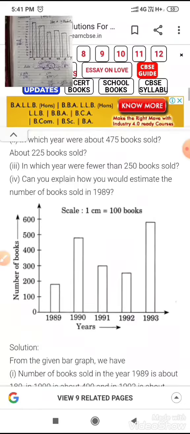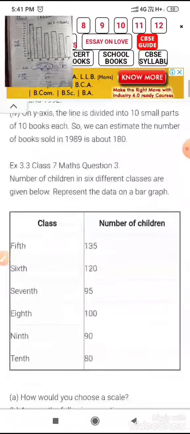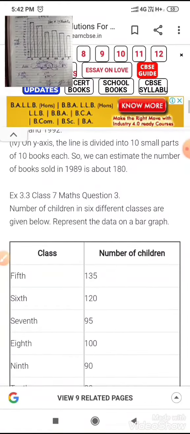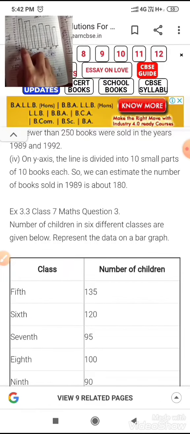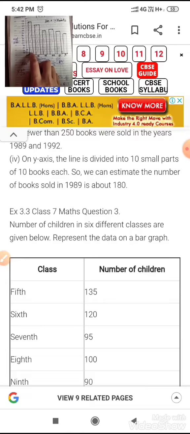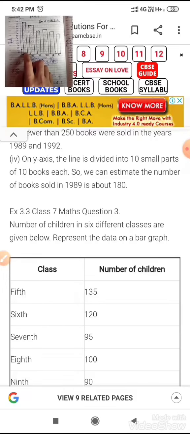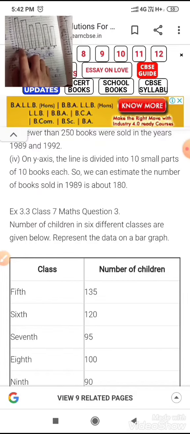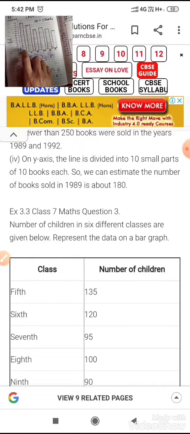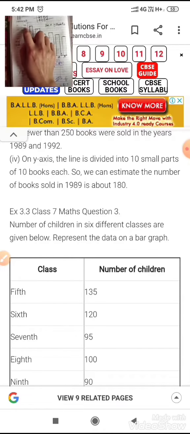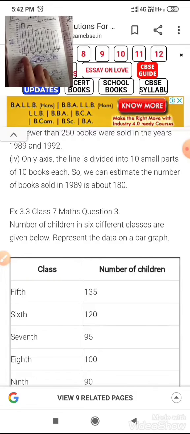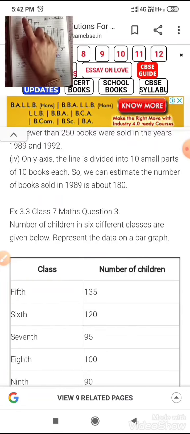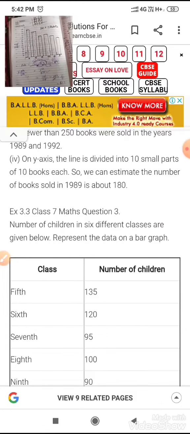First, we have to represent the number of children studying in class 5th, and they are 135. So we plot the first bar for the number of students studying in the 5th class. The length of this bar lies between 130 and 140 because it is 135, and 135 lies between 130 and 140.